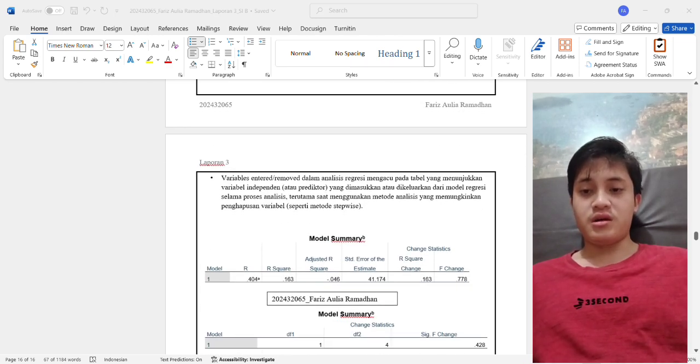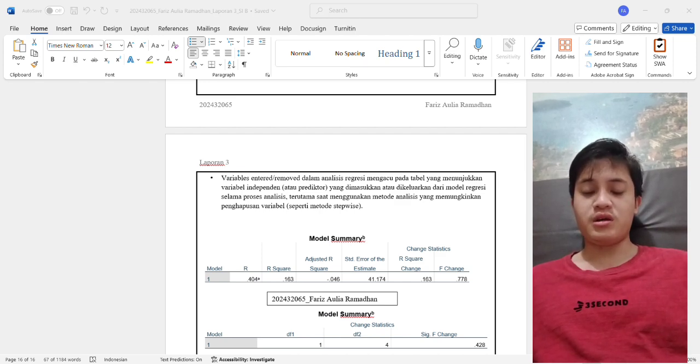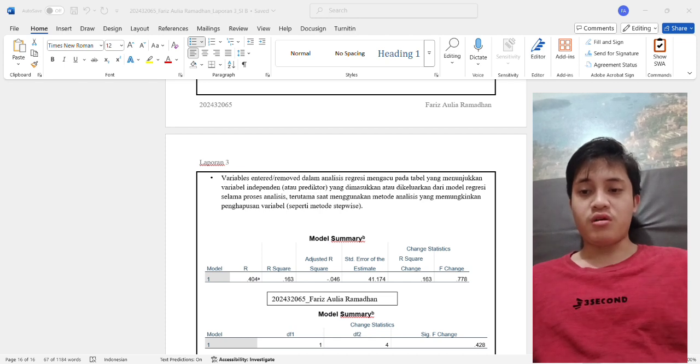Variables entered or removed, in regression analysis, refers to a table showing the independent variables or predictors that are inserted or removed from the regression model during the analysis process.